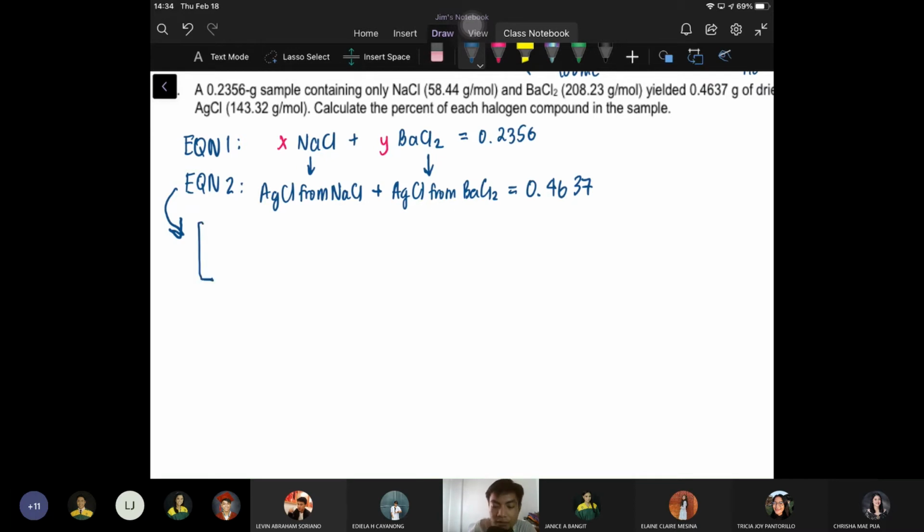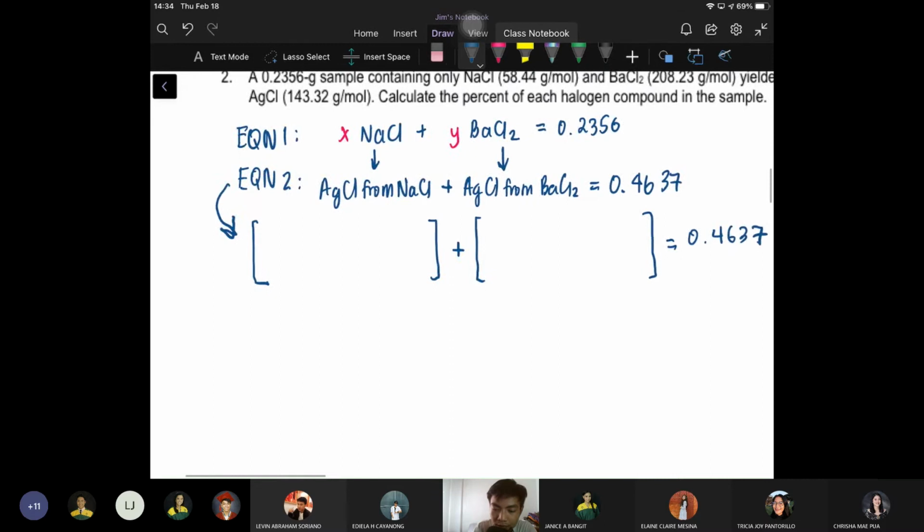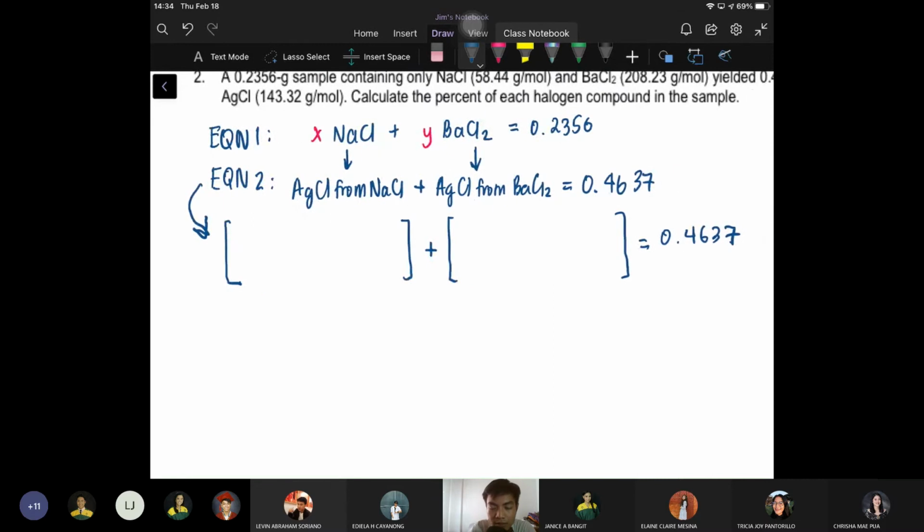Ganito. Kung anong ginagawa natin kanina, yun din gagawin natin ngayon. So we will write an expression which we will see yung conversion ng salts into AgCl. So gawin natin. So let's begin with mass of NaCl.